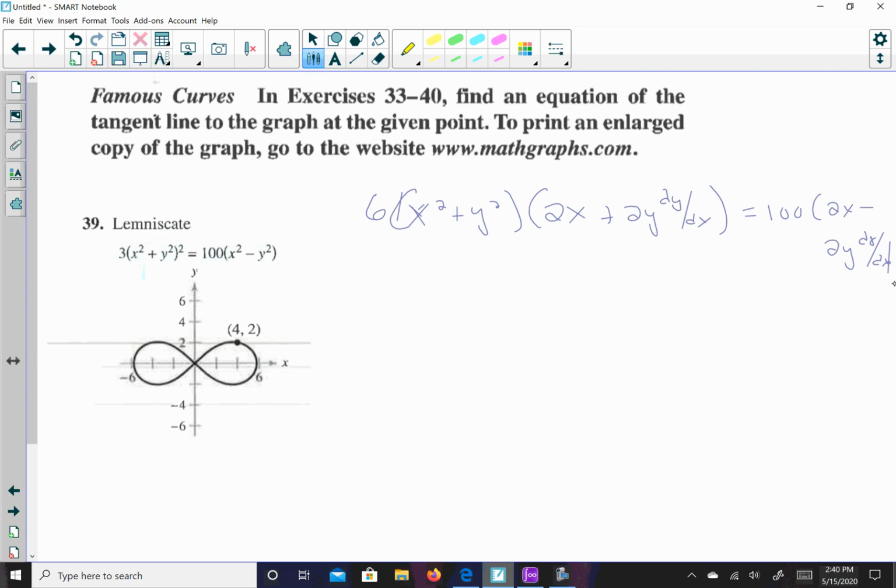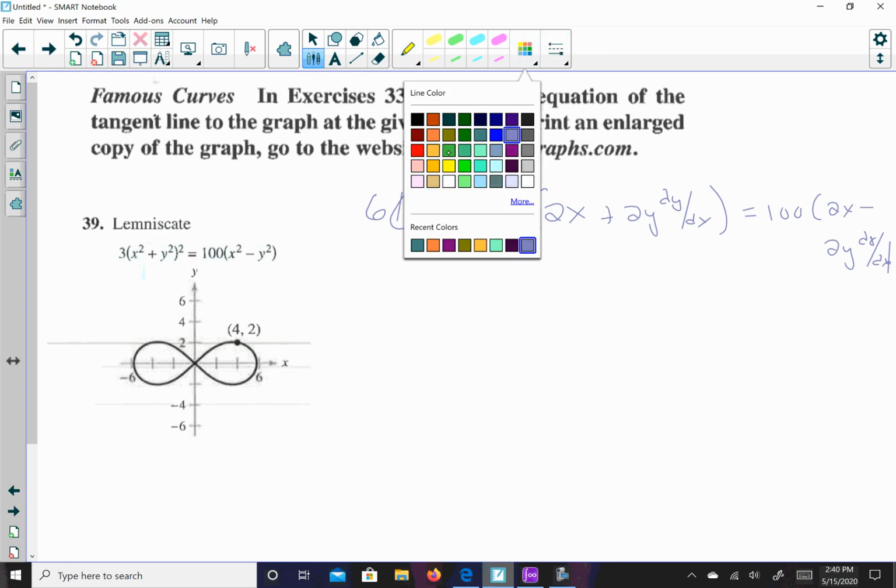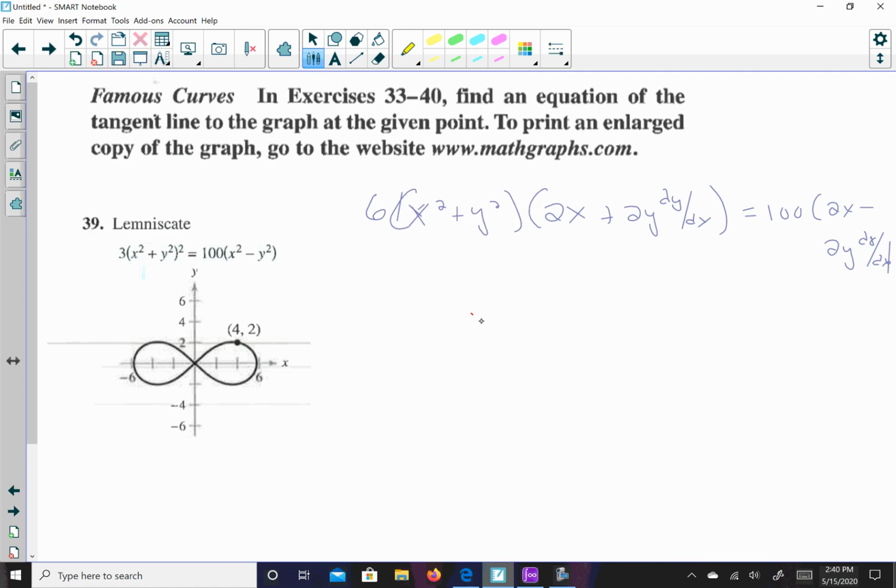Then, on the left side, I'm going to leave the 6 out in front. And I'm going to have to foil those two. I'm trying to decide if I really want to foil those two.